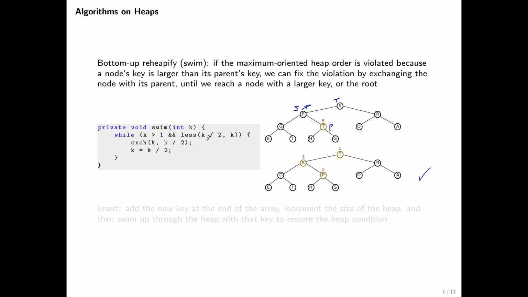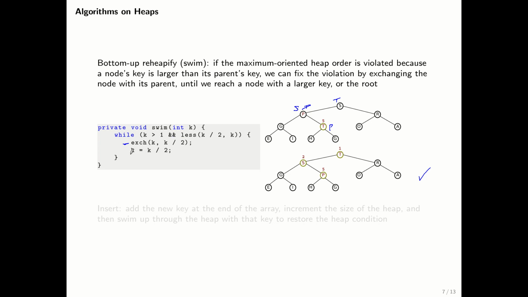So what does this condition mean? We have to go back to what we said about the index of a parent relative to the index of a key. If the index of a certain node is k, the index of its parent is k over 2. So what we are saying is that if the parent's key is less than the child's key, then it's a violation. In that case, we simply exchange the two keys, the child with the parent.